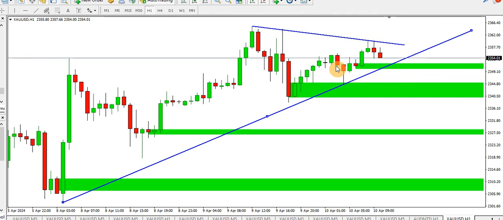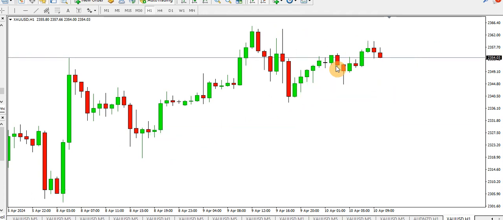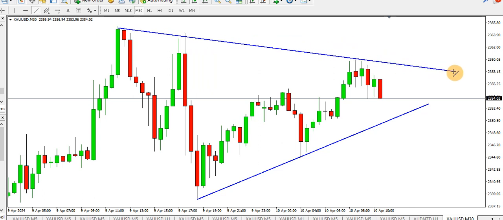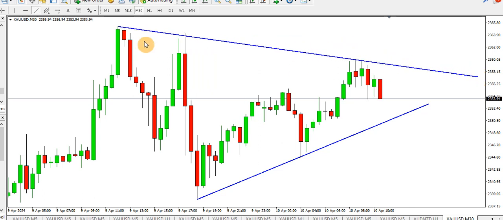All right, let's look at the 30 minutes time frame, just like we have on the 1-hour time frame. The 30 minutes time frame is ranging currently, so we might want to wait for range breakout before we take a trade decision.